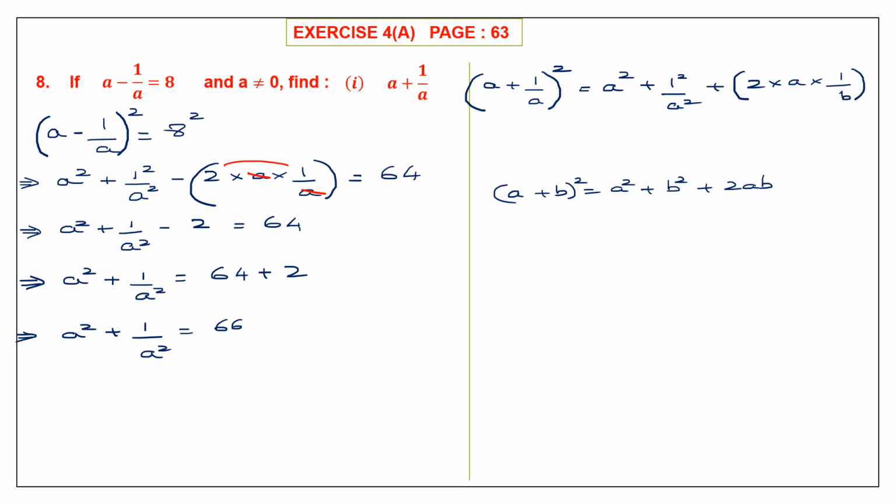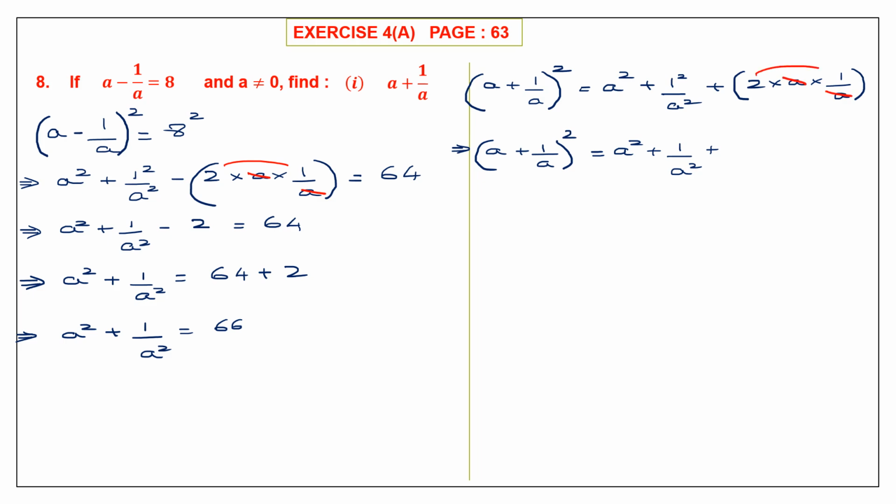Now let's simplify this. So a plus 1 by a the whole square, what is this equal to? Simplifying the right hand side, we have a square plus 1 square is 1, 1 by a square plus, now within brackets we have 2 into a into 1 by a. The a's get cancelled. So 2 into 1 is 2. So plus 2.